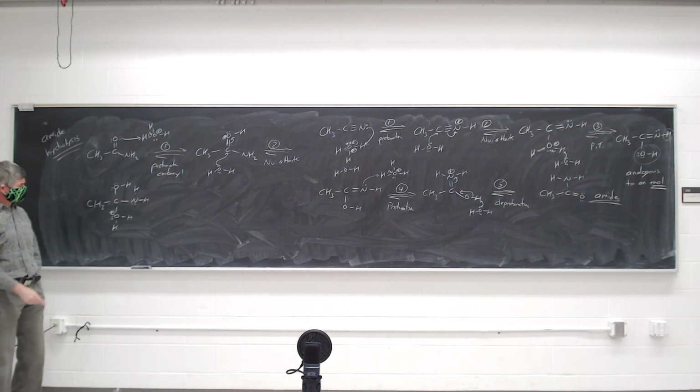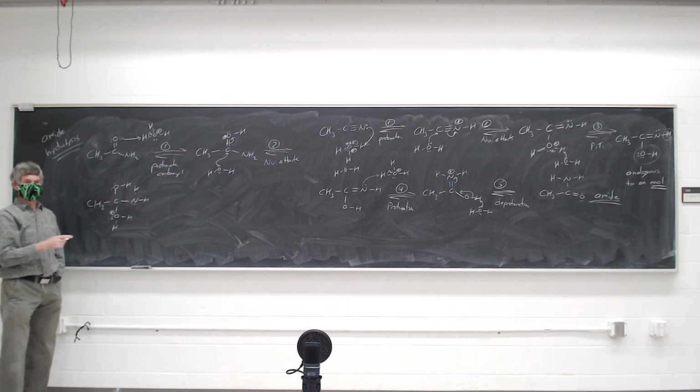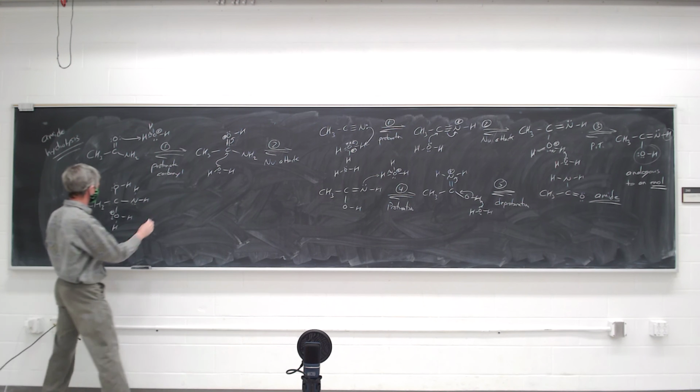And then what we need is 2 successive proton transfer steps, because we need to get the hydrogen off this oxygen and onto the nitrogen so that ammonia can be kicked out as a leaving group.